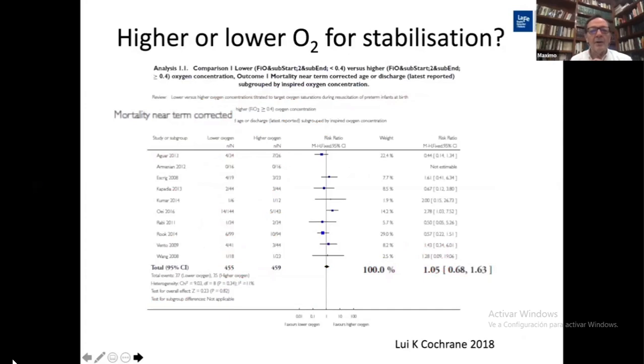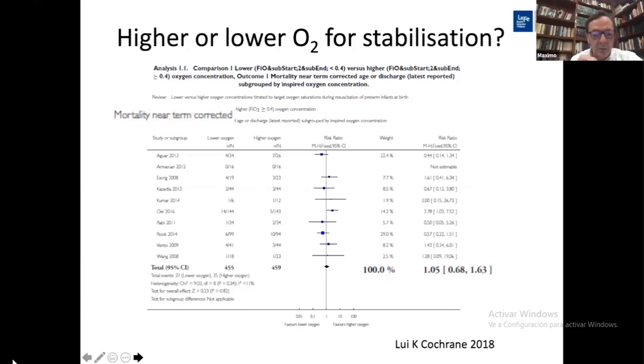The higher or lower oxygen for stabilization is a burning issue at this moment. Two very recent studies have made a comprehensive review and meta-analysis of all the trials that have been done. The one by Kei Lui from Sydney, Australia, the Cochrane review, showed that there weren't any differences for mortality, near-term corrected age, or at discharge depending on giving an initial FiO2 of more or less than 0.4.